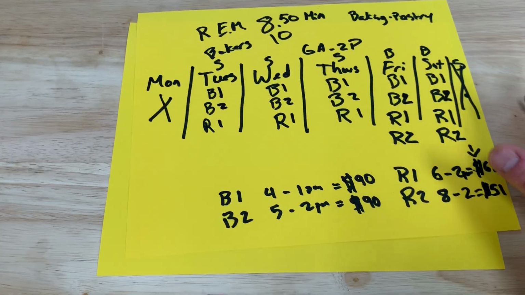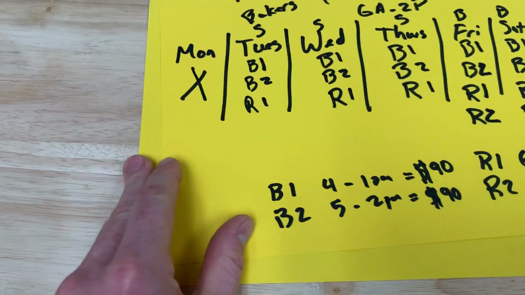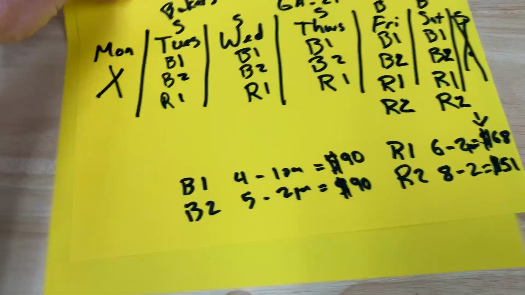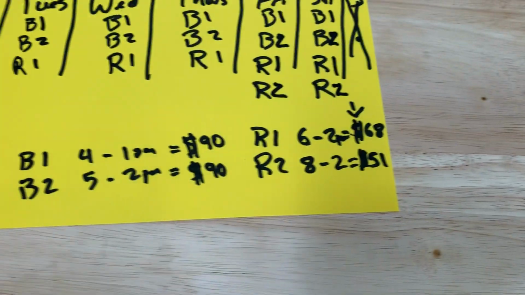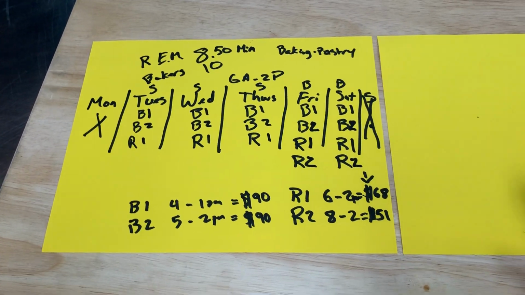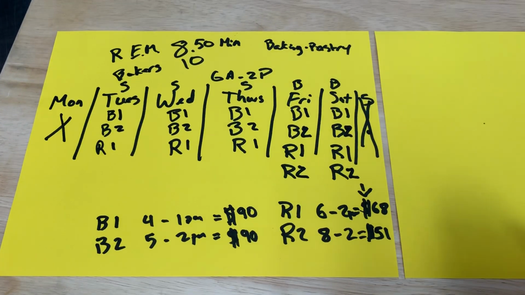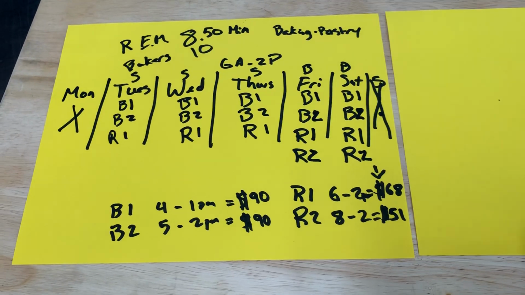Okay, so I'm gonna go ahead and put this one off to the side so we can get kind of an idea and add this all up. So we're still reverting back to this page, but I'm gonna go ahead just so that it's cleaner and you guys can see what I'm talking about.